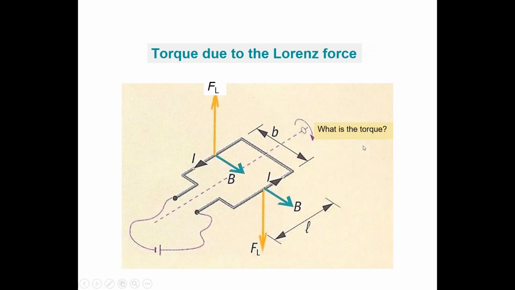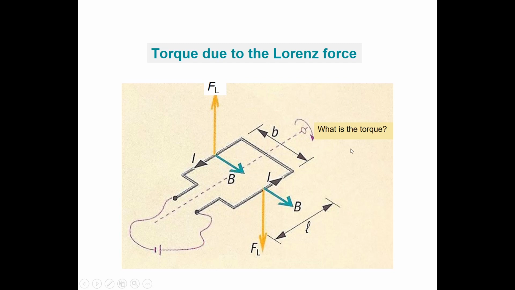With respect to this rotation axis, when this Lorentz force is applied to the winding, a torque is established, and that torque is equal to the Lorentz force times the arm over here. So it's FL times B over 2, half the B over here, because this is a rotation axis. But due to this other Lorentz force, again a torque is introduced, which is also FL times B over 2.